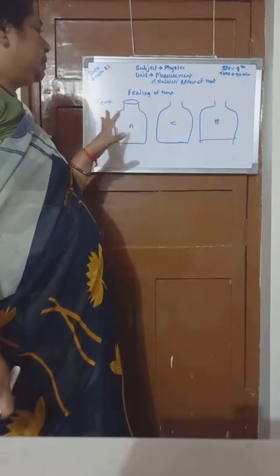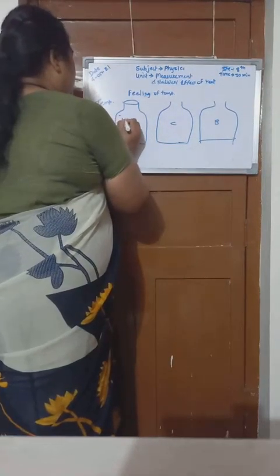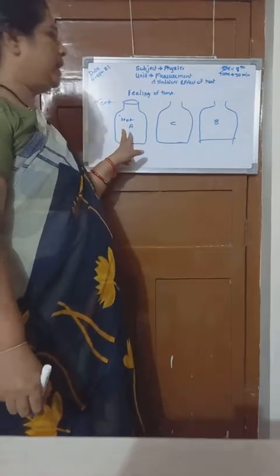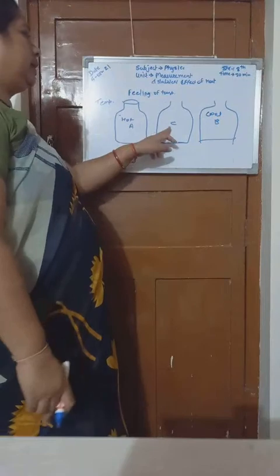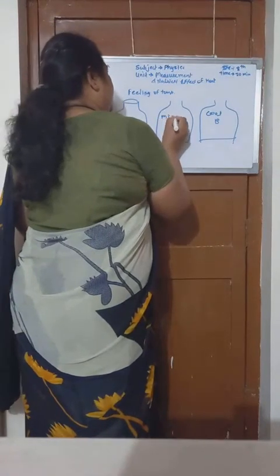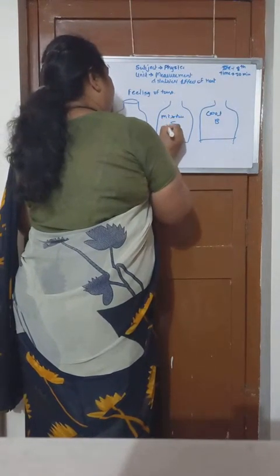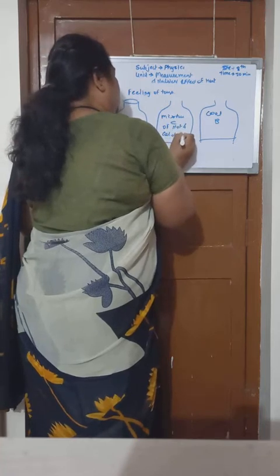Feeling of temperature. Take hot water in vessel A. I am writing here hot. We have to take hot water in vessel A and cool water in vessel B, and in vessel C we have to take a mixture of hot and cold water.